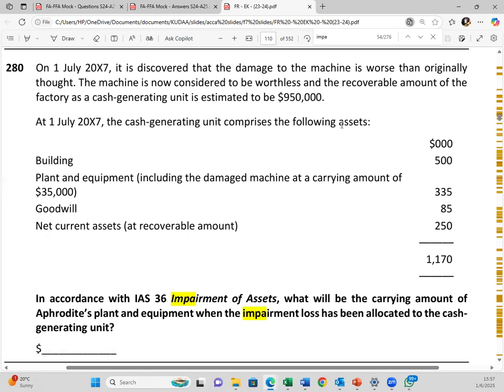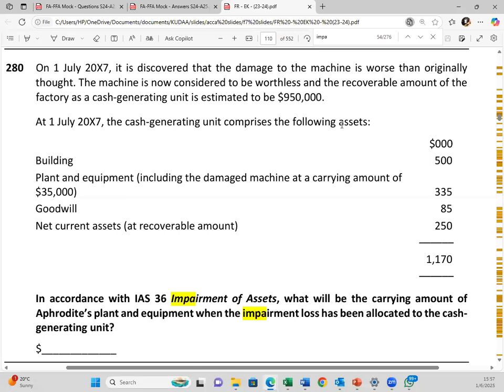All right, let's continue. So on 1 July 2007, it is discovered that the damage to the machine, so remember we said physical damages, they are indicators for impairment. So the machine is now worthless. And we are told that the cash generating unit as a whole now is going to give us 950,000.